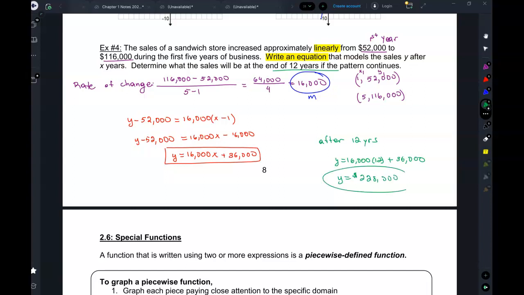Wait, sorry, hang on. I don't understand. How did you get the plus 36,000? So I added 52,000, and then 52 minus the 16 is 36.